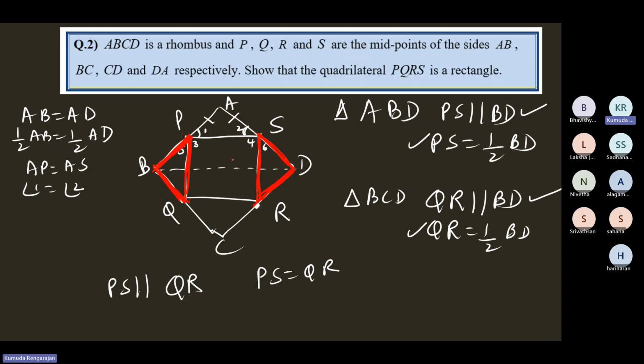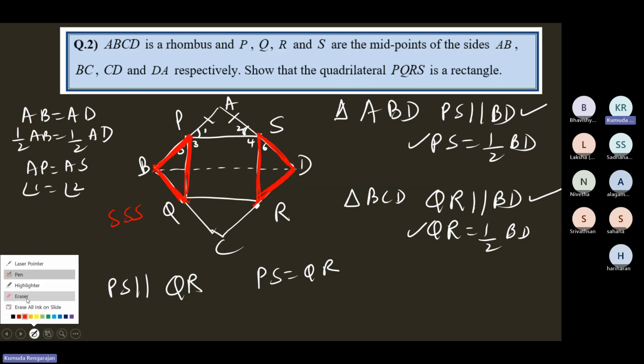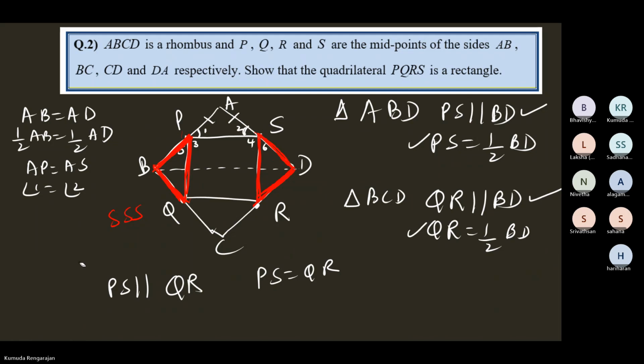So these two triangles are congruent by the SSS congruence criterion. So angle 5 is equal to angle 6, CPCT.